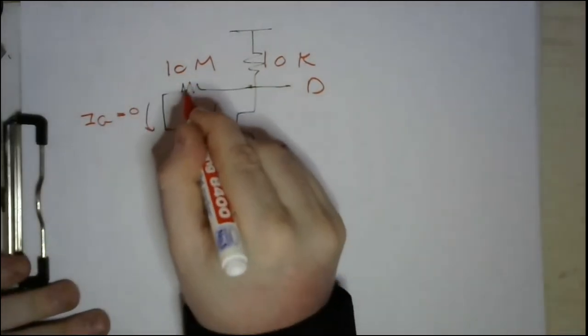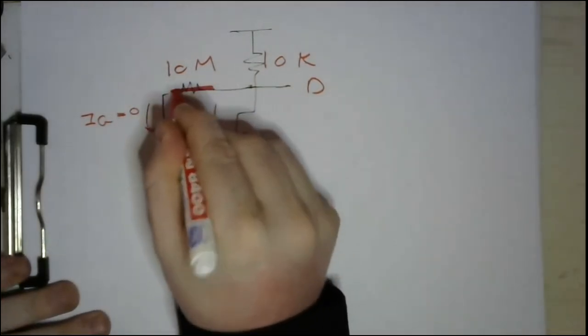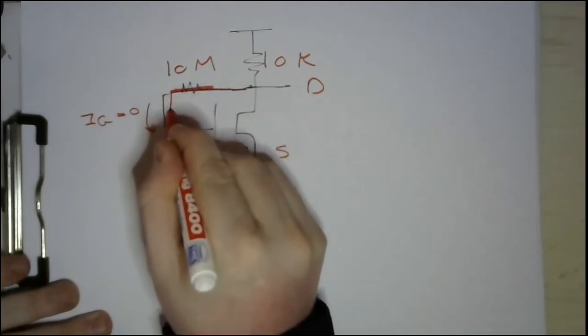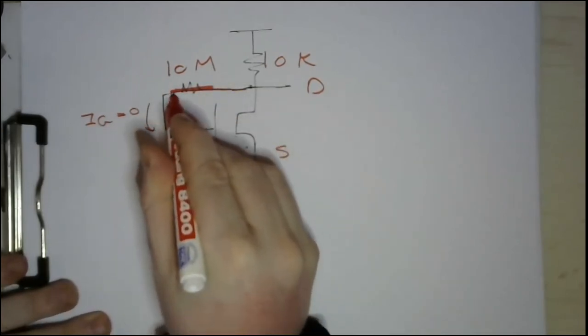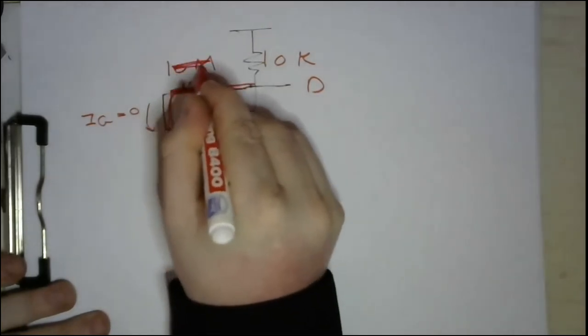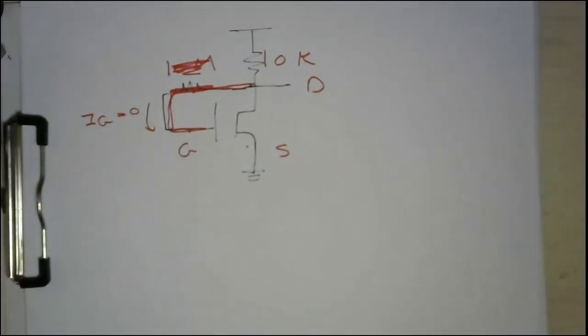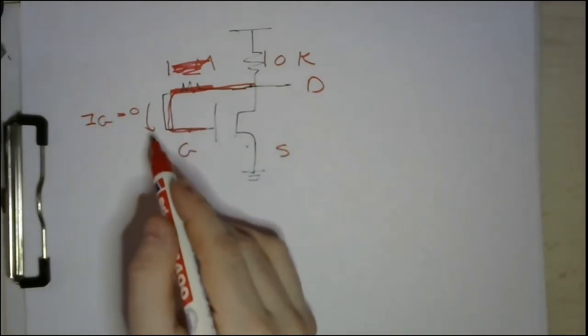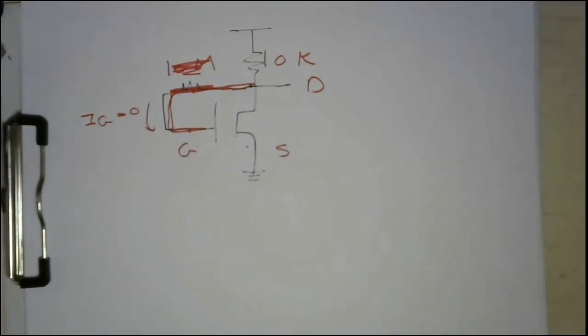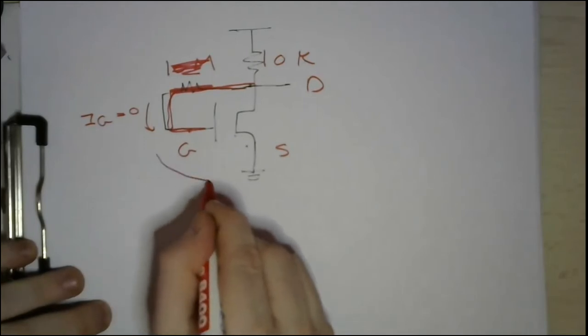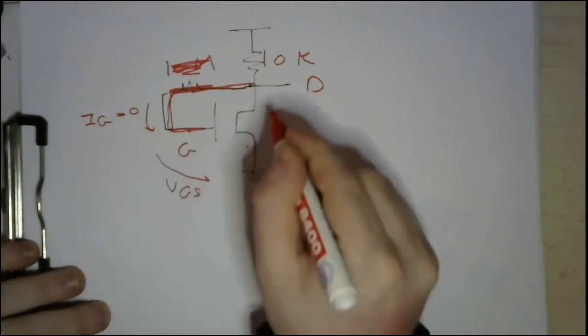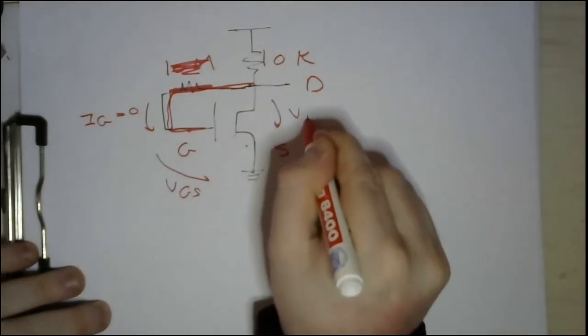So this resistance has no meaning in the DC analysis. So this is a short circuit, this is a short circuit, and this has no meaning. Now, please remember this connection: connect the drain to the gate, which means that VGS is equal to VDS.